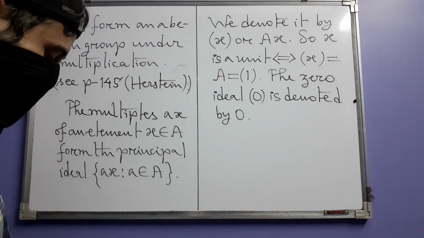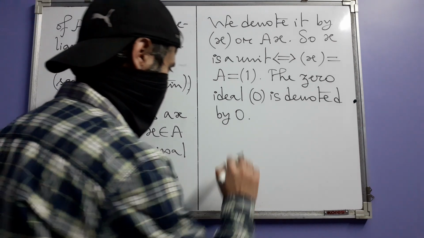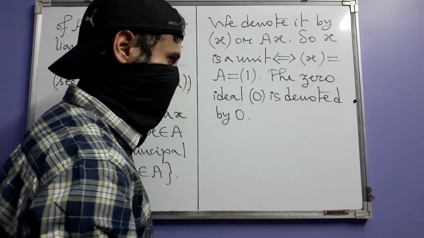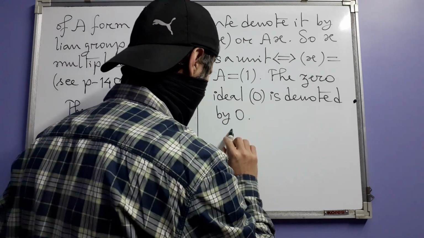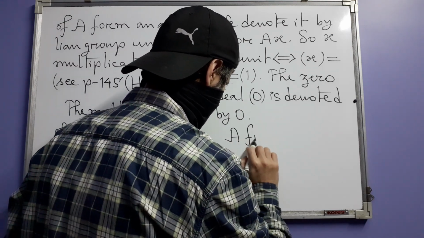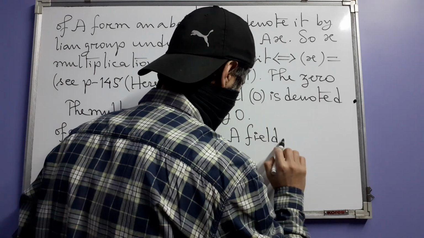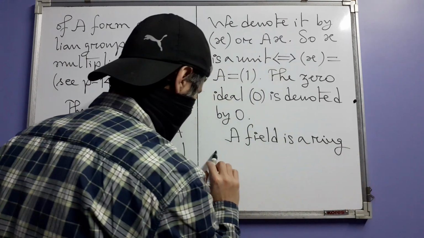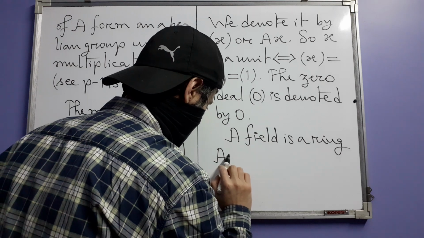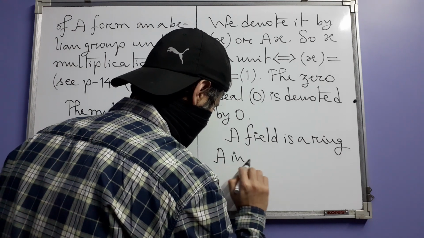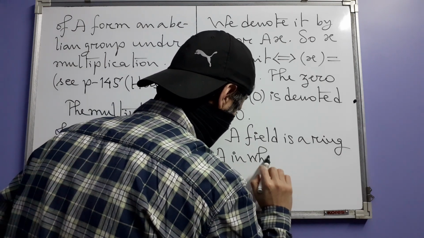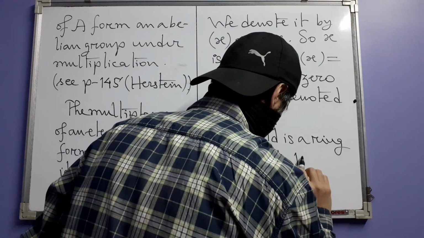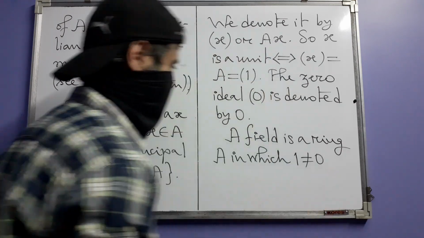And finally, we have this, the ultra important notion of a field. A field is a ring A in which 1 is not equal to 0.